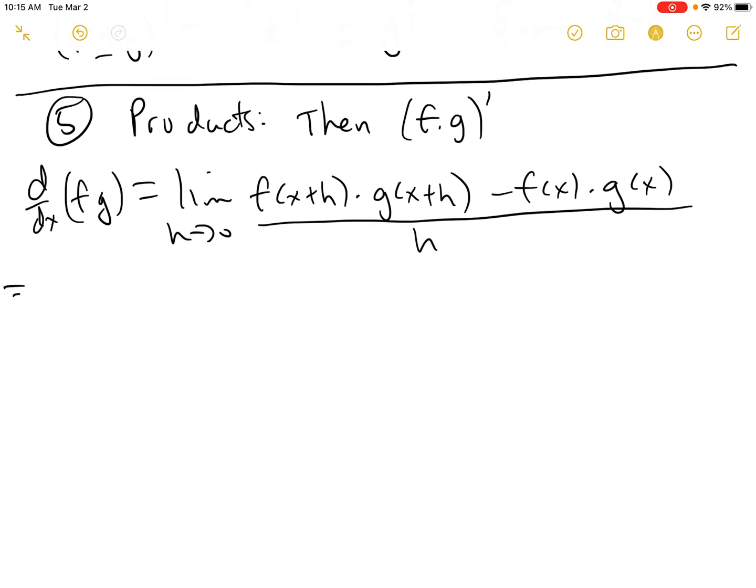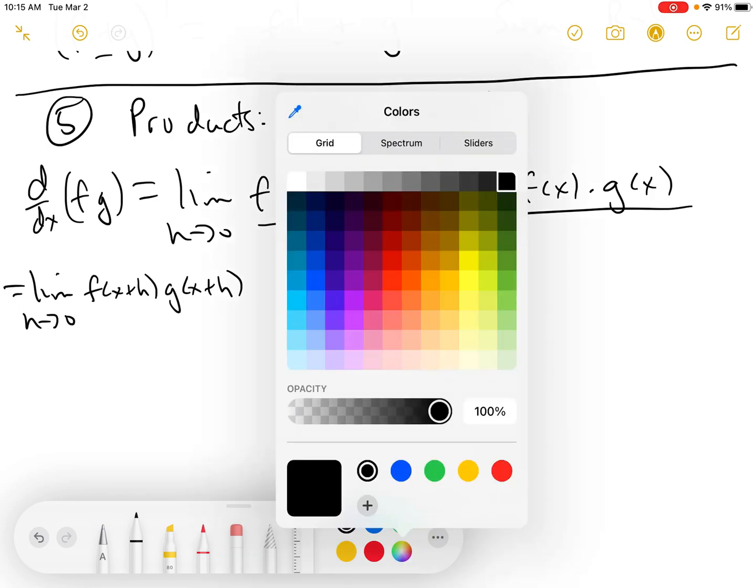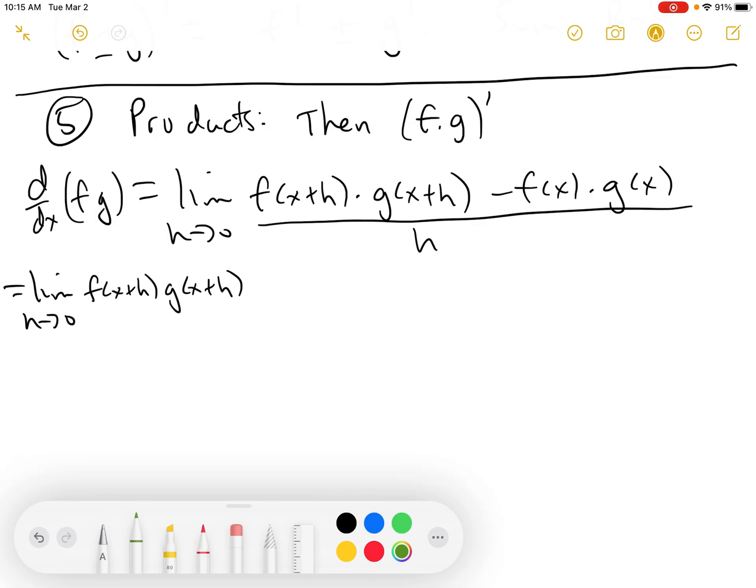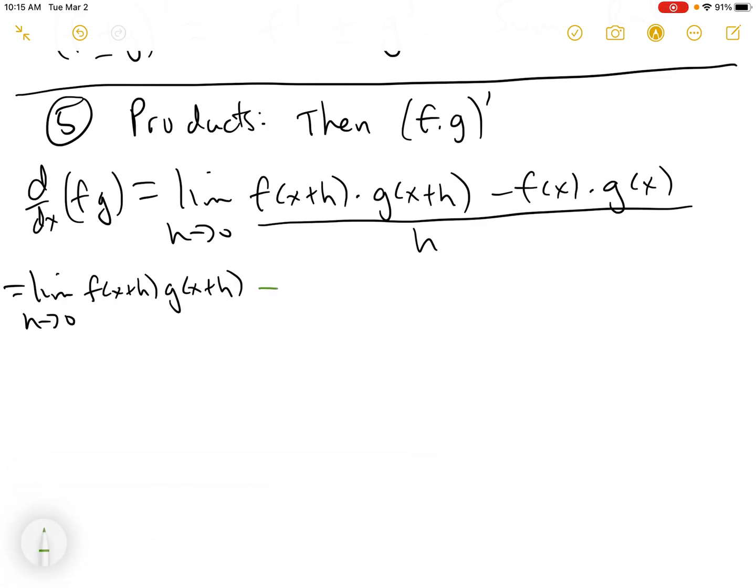Okay, and now we use a famous calc trick here. So we're going to take f of x plus h, g of x plus h, and then I'm going to put this in a different color here. Let's use green. I'm going to subtract f of x plus h times g of x and add it.